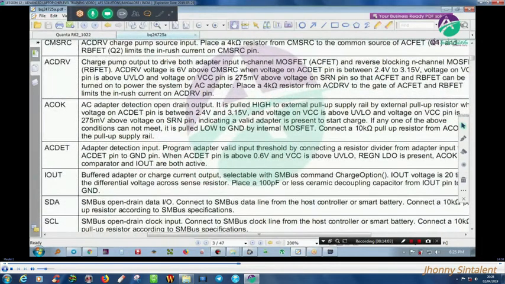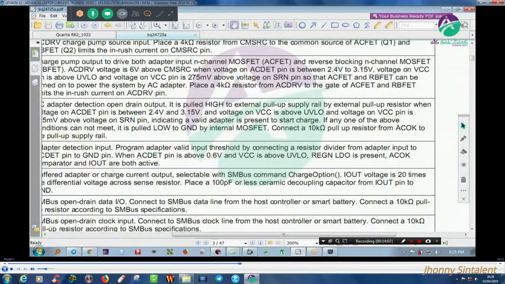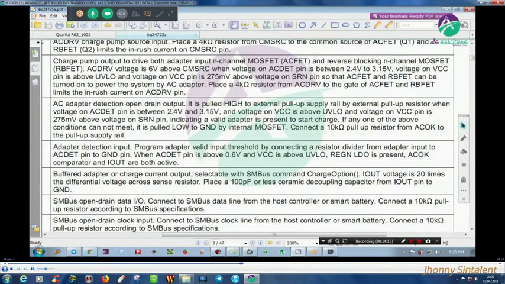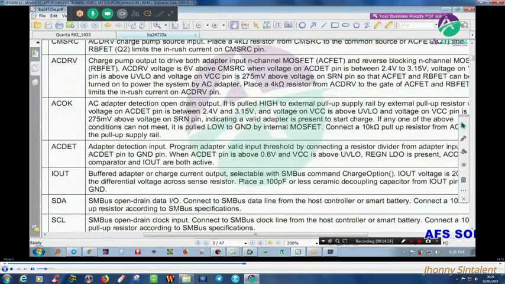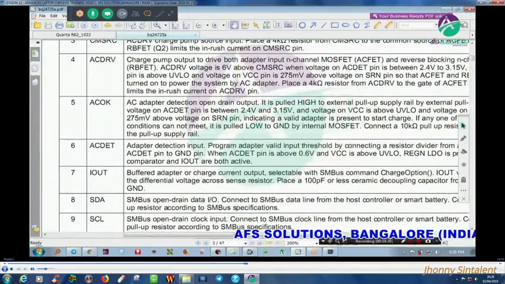Program adapter valid input threshold by connecting a resistor divider, that means voltage divider, from adapter input to AC detect pin to the ground pin. When AC detect is above 0.6 volts and VCC is above UVL voltage, REG and LDO are present, the AC okay comparator and current out are both active. That means this should be above 0.6. So let me check at pin number 6.